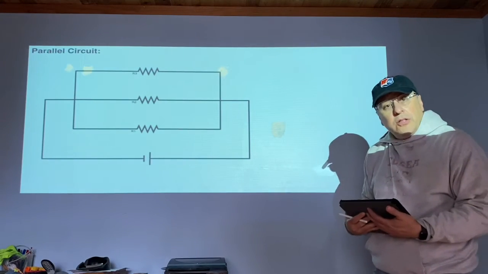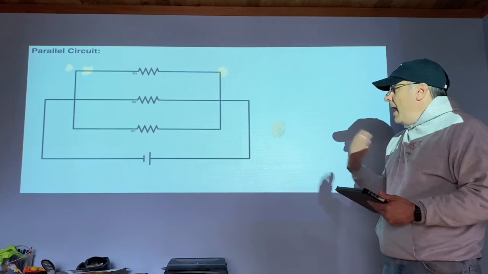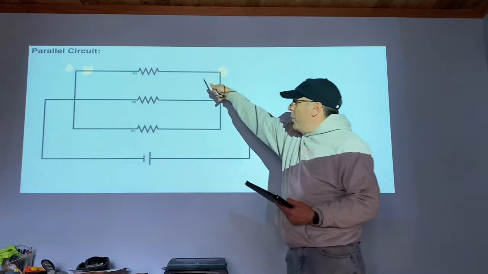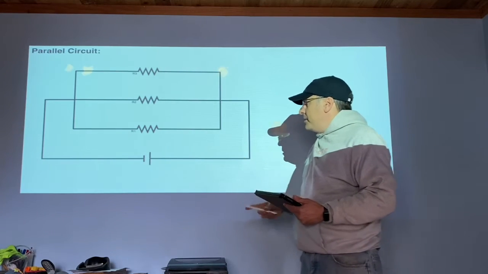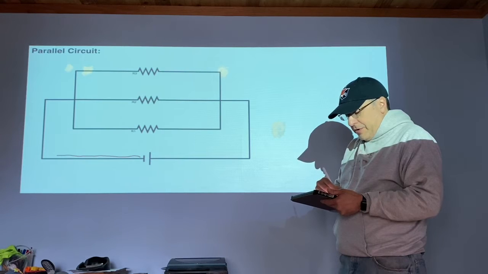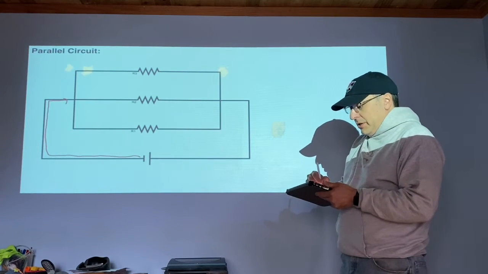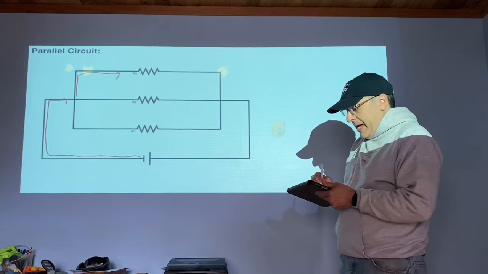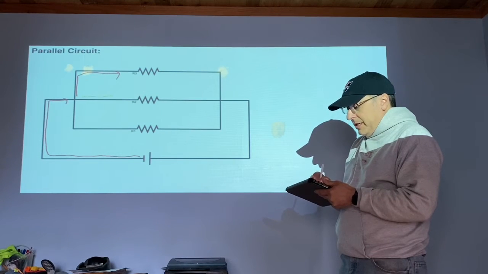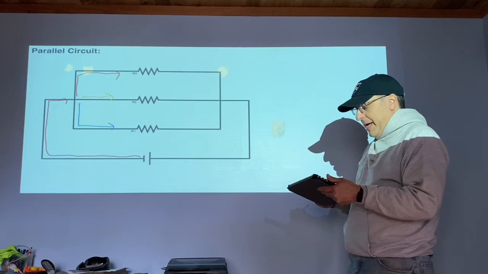So today we'd like to talk about parallel circuits, how they're similar and how they're different. How they're different is that they have multiple paths that the electrons can follow. So when the electrons come out of the negative terminal of the battery, they get to a junction. Some electrons can take the top path, some can take the middle path, and some can take the bottom path.